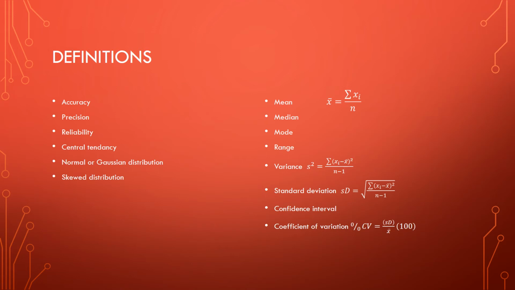So the formula: standard deviation is divided by the mean and then multiplied by 100 to express it as a percentage. And basically, when you're looking at coefficient of variation, it allows you to compare 2 different methods of analysis, which both probably have very different means because they're not the same method.